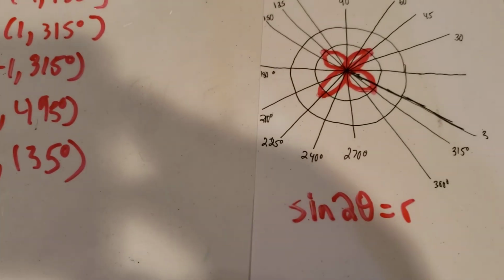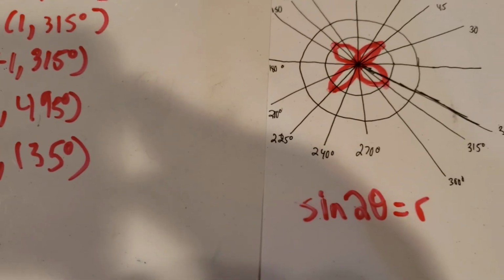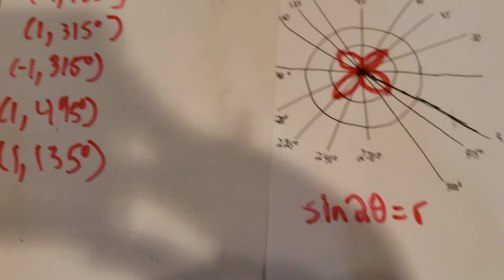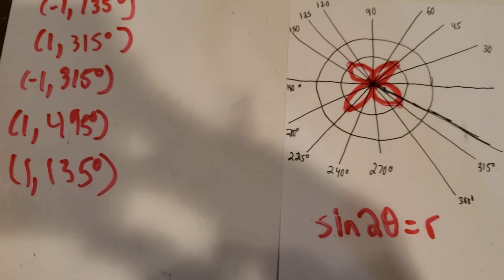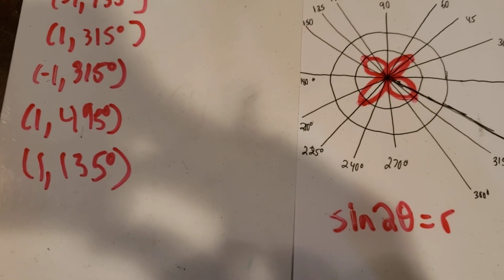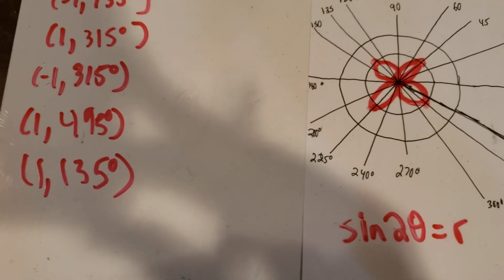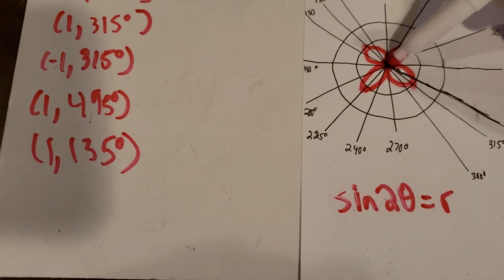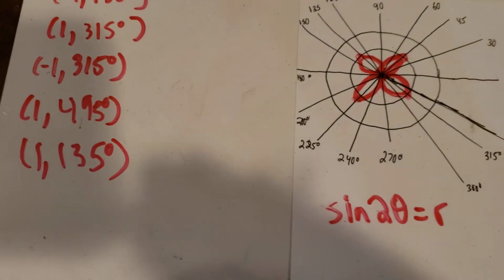Notice you have 4 petals. n is 2 gave you 4 petals. So what you'll be responsible for doing is making the graph by figuring out where the petals are going to be, how many petals you're going to have, and the length from the center to the tip of the petal.